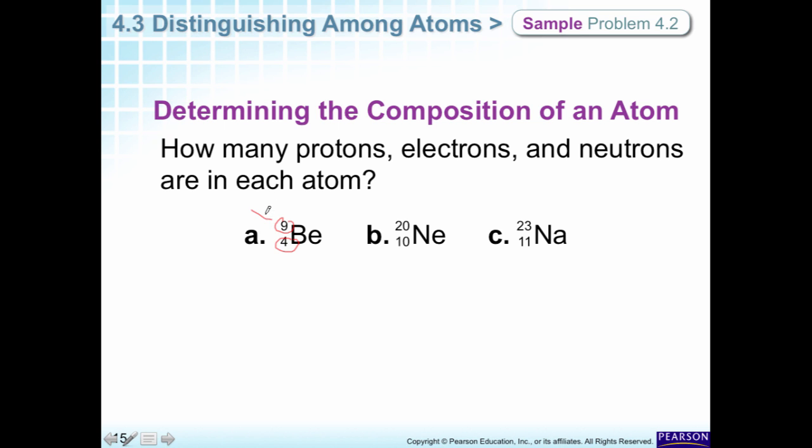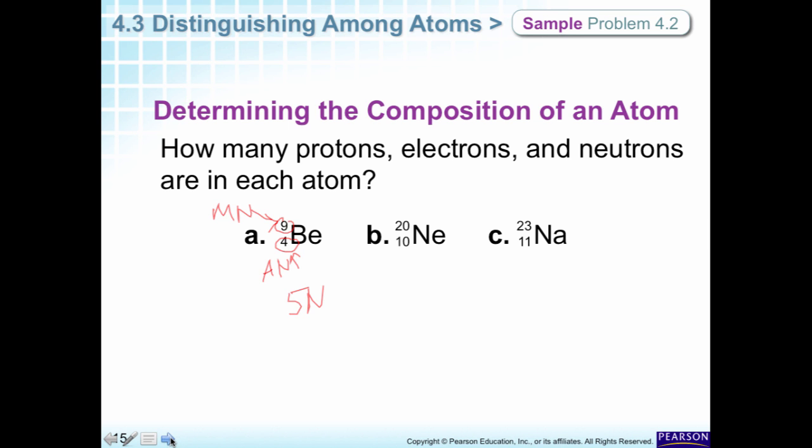So this is our mass number, and this is our atomic number. Atomic number always tells us protons and electrons, so we get it right from there. If we subtract that from the mass number, we get the number of neutrons. And we're going to do the same for each one of the other ones.